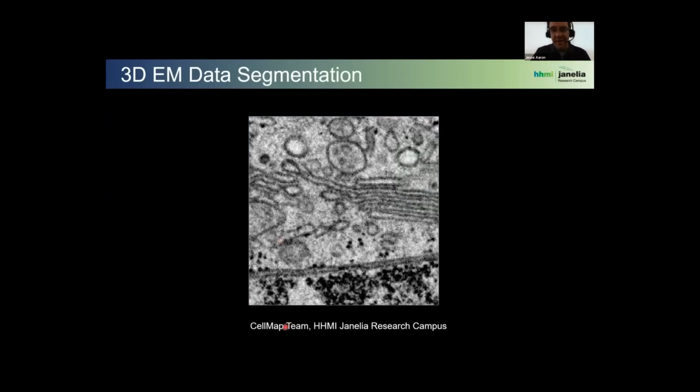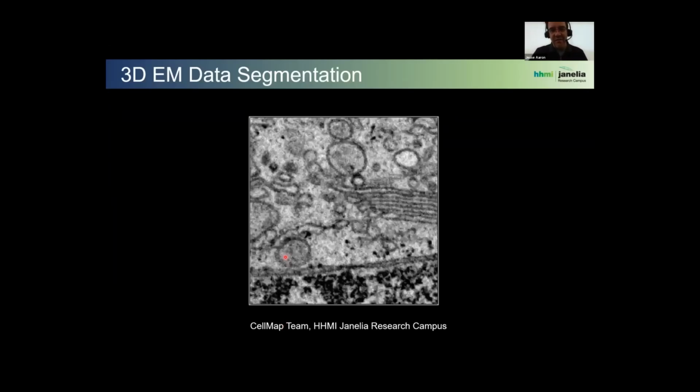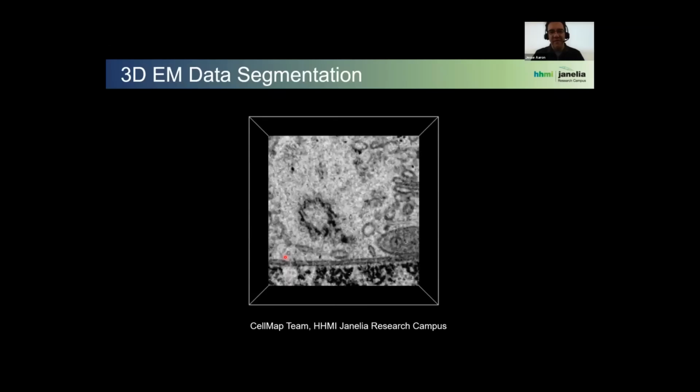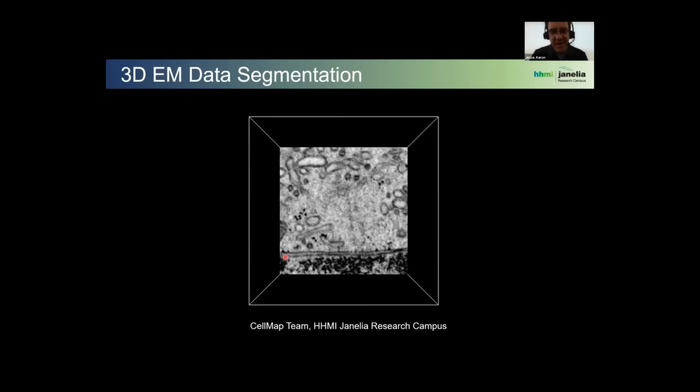There's even a team project here at Janelia called the CellMap team that's dedicated specifically to developing tools and techniques, and to gathering a repository of 3D EM data that has a machine learning based segmentation as part of that data. So this is just a very small snippet of some FIB-SEM data, I believe it was a HeLa cell.